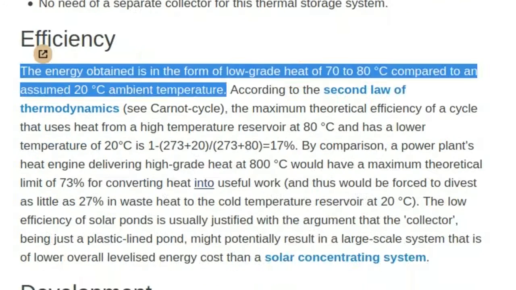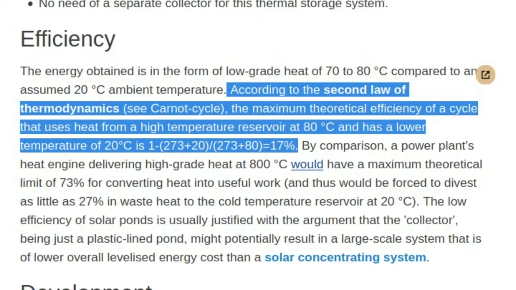Efficiency. The energy obtained is in the form of low-grade heat of 70 to 80 degrees Celsius compared to an assumed 20 degrees Celsius ambient temperature. According to the second law of thermodynamics, see Carnot cycle, the maximum theoretical efficiency of a cycle that uses heat from a high-temperature reservoir at 80 degrees Celsius and has a lower temperature of 20 degrees Celsius is 17%.